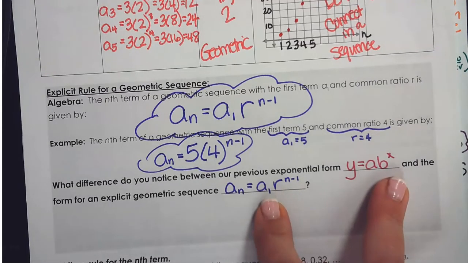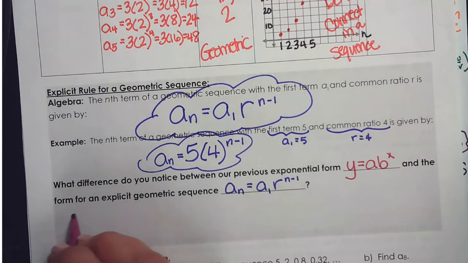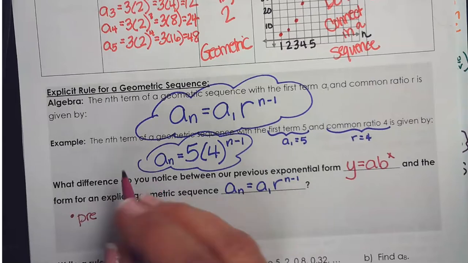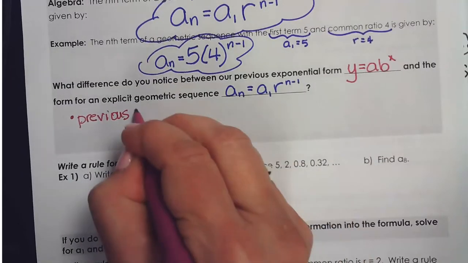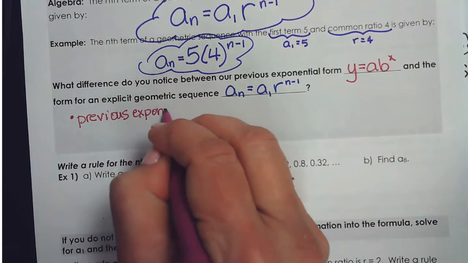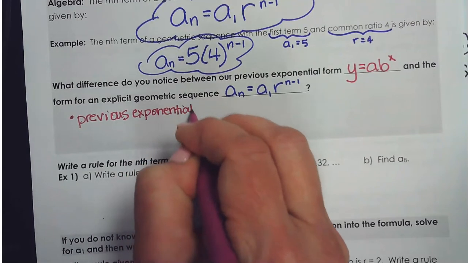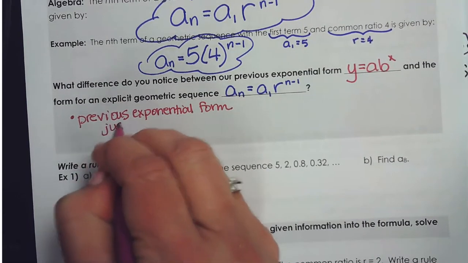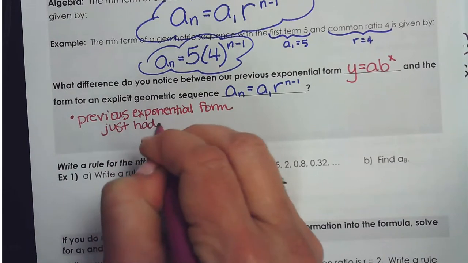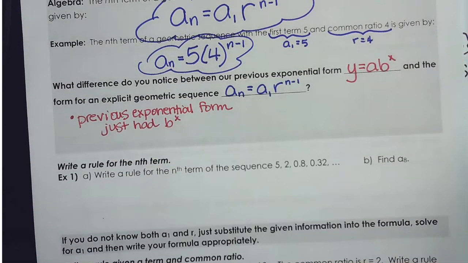So one thing we see is that the previous exponential form just had b to the x.